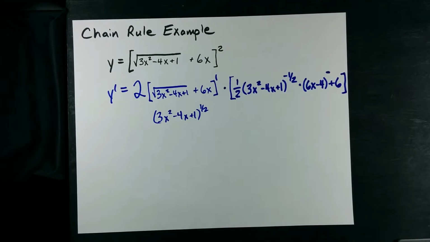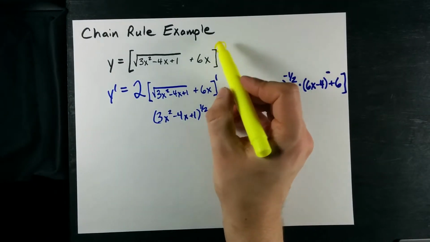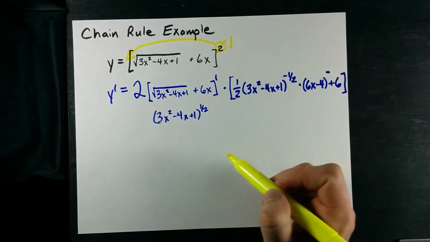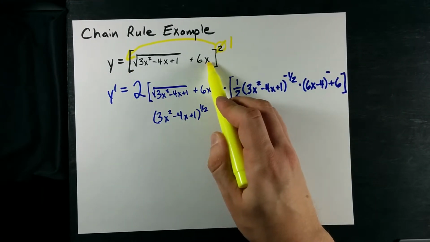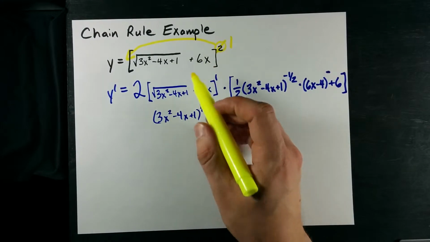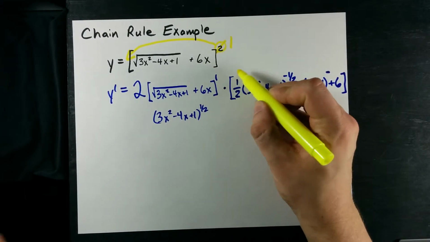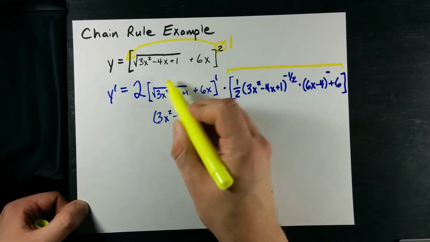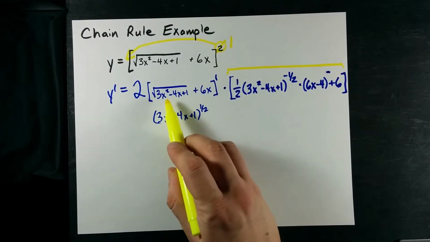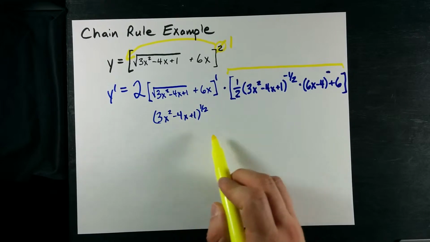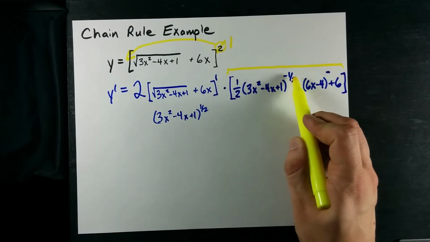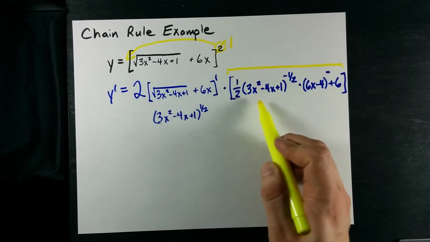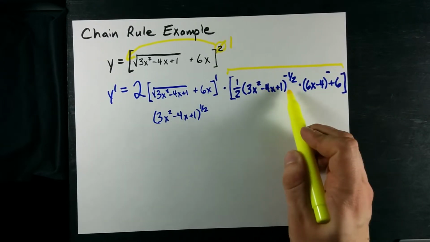Let me reiterate what happened there. We took the 2, we brought it down, and notched it down by 1. But because this wasn't just x, we had to multiply that by the derivative of what was on the inside. On the inside, we had an even more complex function where we had to bring the half down, notch it down by 1, and take the derivative of what was on the inside of that and multiply it in.